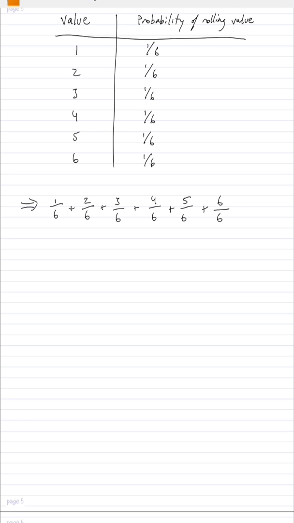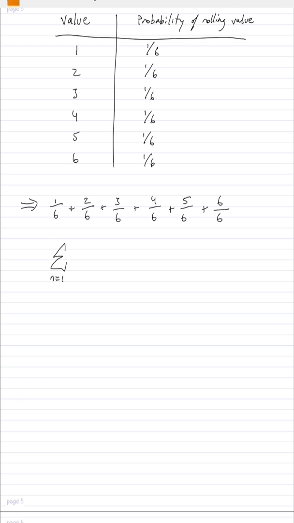So in math notation, we'd write this with this symbol, which is another Greek letter called sigma, and it means to sum everything together. We're setting an iterator with the variable n, which goes through each of these values. So n is going to equal 1, and then 2, 3, 4, 5, and then 6.